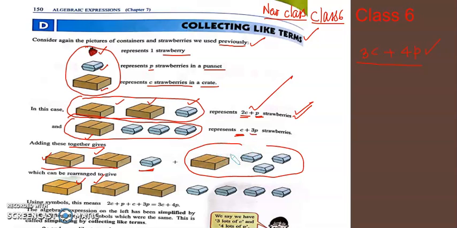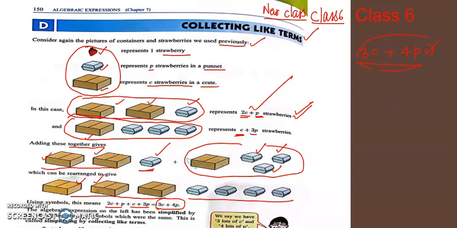C means 1 crate and 3 punnets. So in total you have how many crates? 1, 2, 3. So you can see here 3 crates and how many punnets? 1, 2, 3, 4. So 4 punnets has been drawn over here. Using symbols, 2C plus P and C plus 3P together gives 3C plus 4P. That is what I got here, 3C plus 4P.